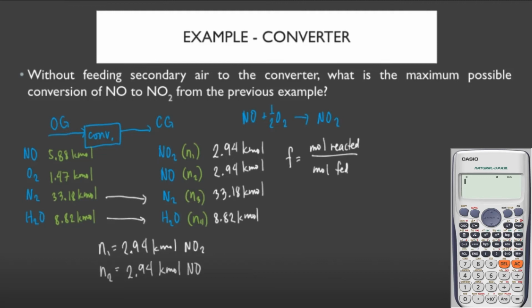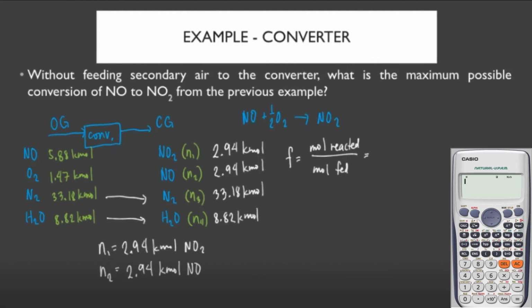In the problem, we are solving for the conversion from NO to NO2. Therefore, the moles reacted and moles fed both pertain to NO, or nitrogen monoxide. Another way of framing this equation for conversion is that the moles reacted is simply the difference between the number of moles of NO in the product and in the feed.